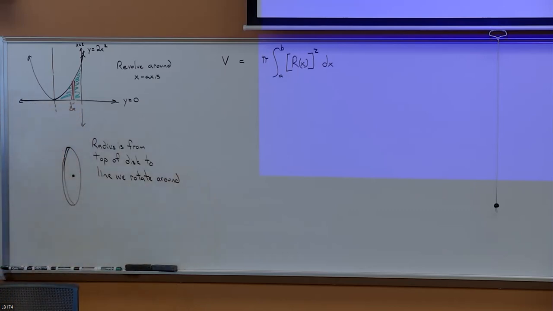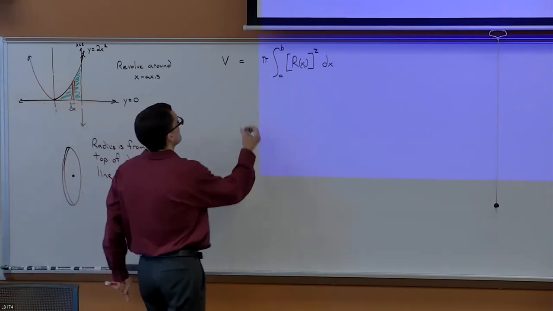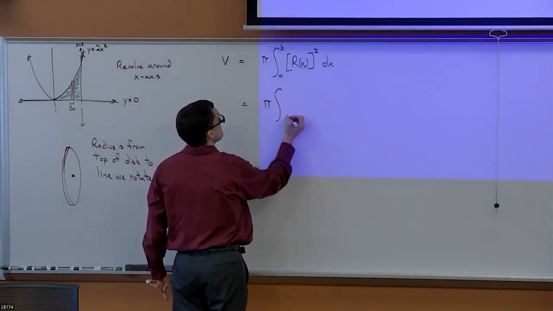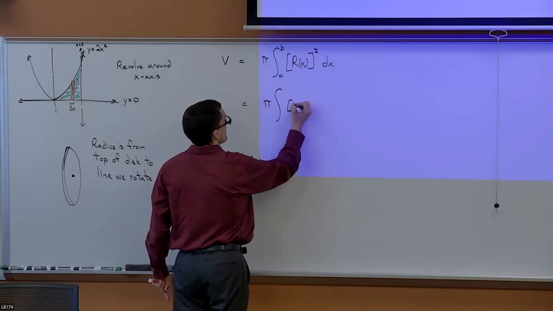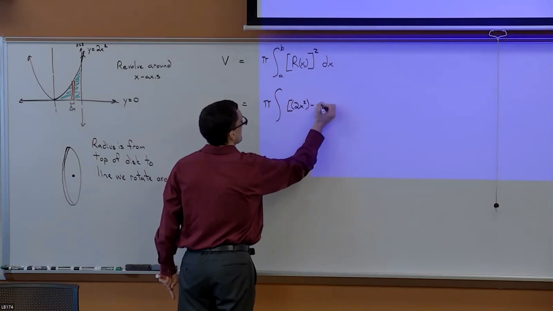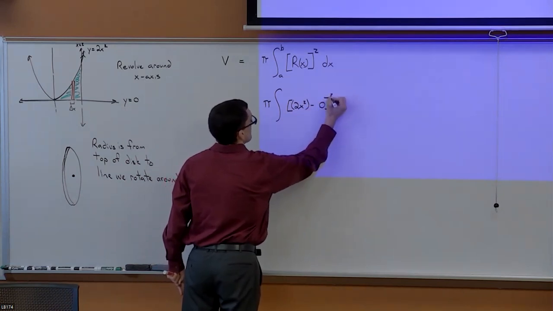So in this case, the top of my rectangle is the top of the disk that I'm going to draw, and in almost all cases the line I rotate around is y equals 0. So when I do this, my radius goes from x squared down to 0.